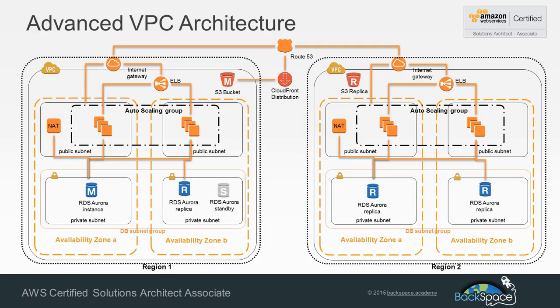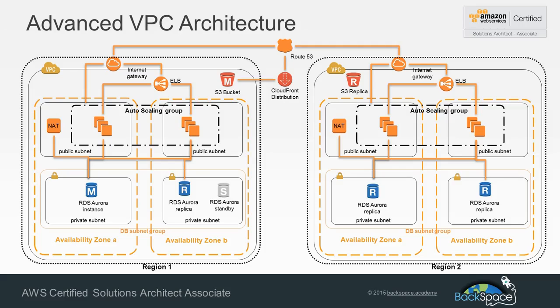Now, because our static assets are going to be located in an S3 bucket, we can use the new capabilities of cross-region replication for S3 to create an S3 replica in that new region. The same with RDS Aurora. It has cross-region capability.